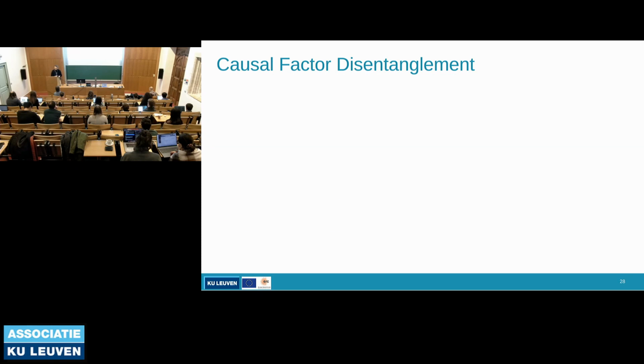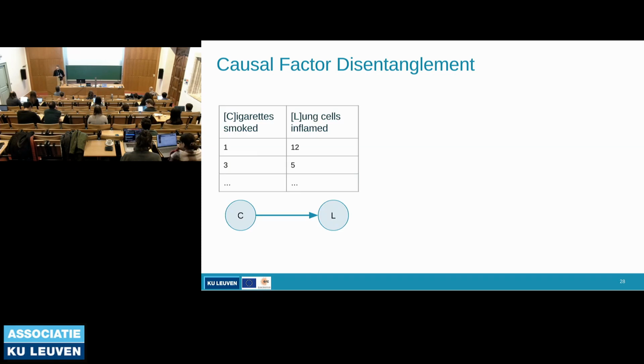Okay, so just to reiterate what we mean with causal factor disentanglement, the point is that in a lot of typical Bayesian networks, you might see correlation between cigarettes smoked and number of lung cells inflamed. Your variables are given to you already in some tabular form, and you can just start working with that and think about causality between that.